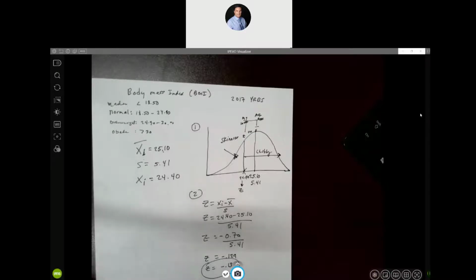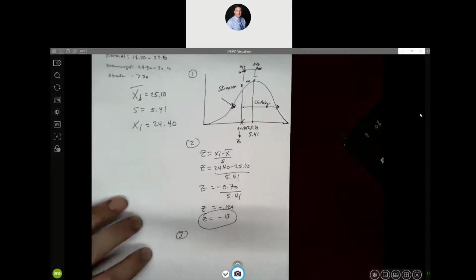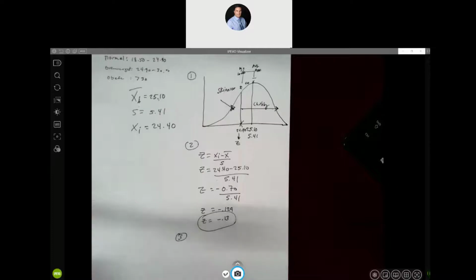So we've done it. We've done step number 2. My wife wants to know what percentage of the students that year are heavier or chubbier than her.